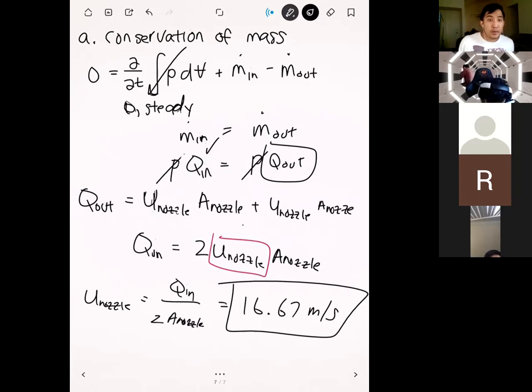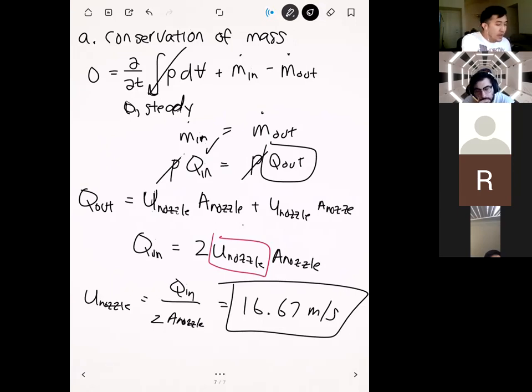And so you can see in this problem, even though now that we're doing angular momentum, conservation of mass here is still really useful. Okay, because almost no matter what conservation law that you use, momentum, energy, angular momentum, you're going to need to know what the velocity is at every inlet and outlet to your system.